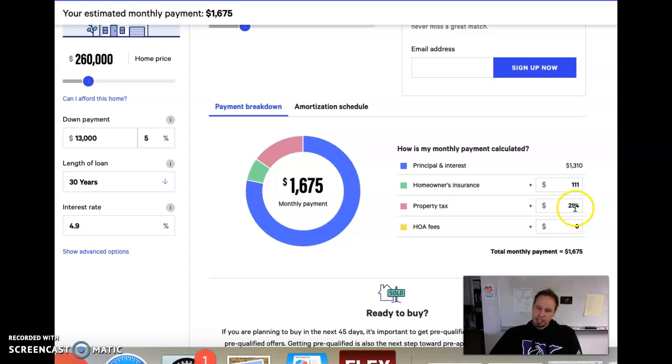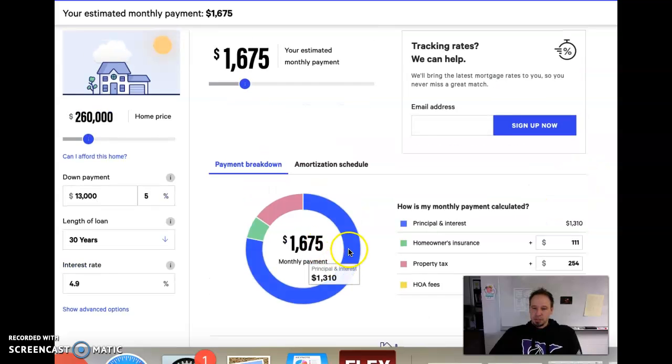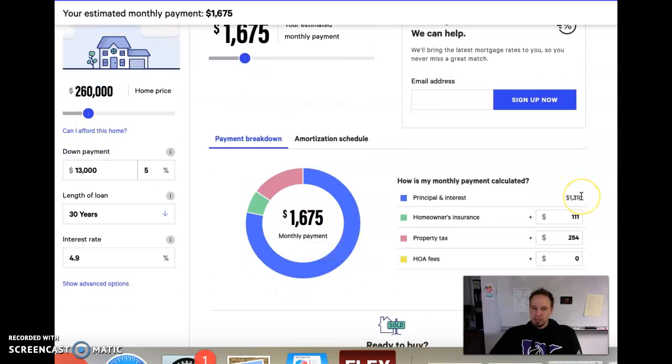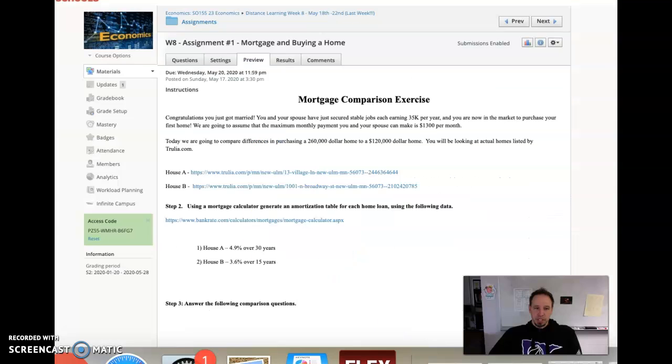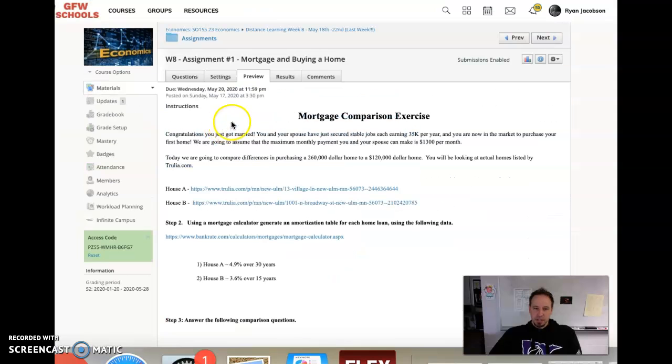So they do that ahead of time and make it part of your payment. So $1,300 is going to pay back the loan, that's principal and interest, and then you've got some of these other things that make up your $1,675 payment.